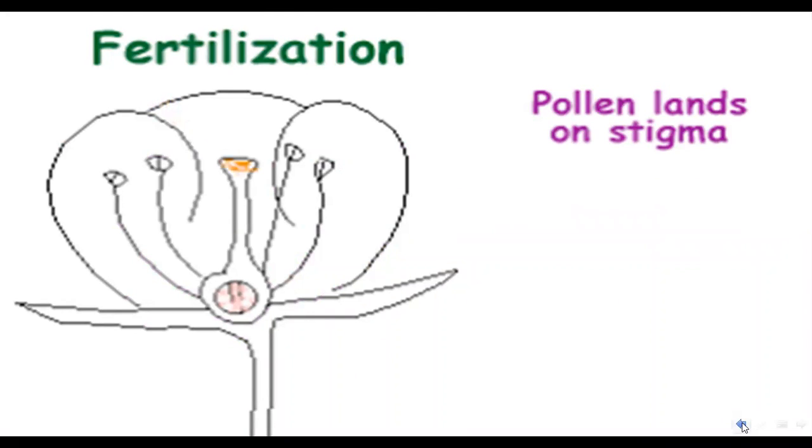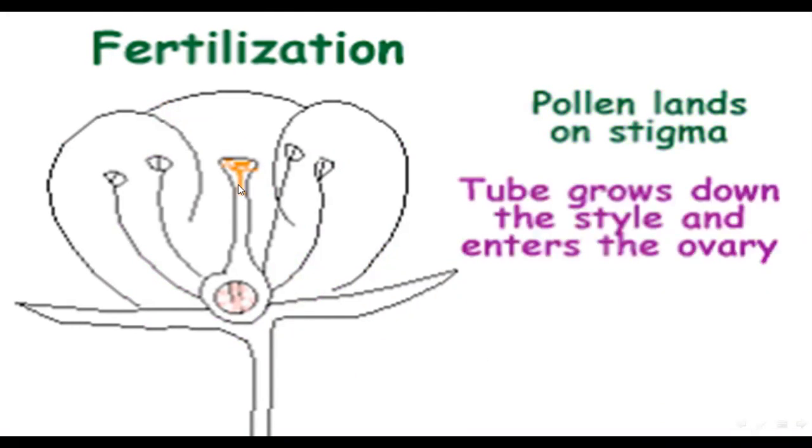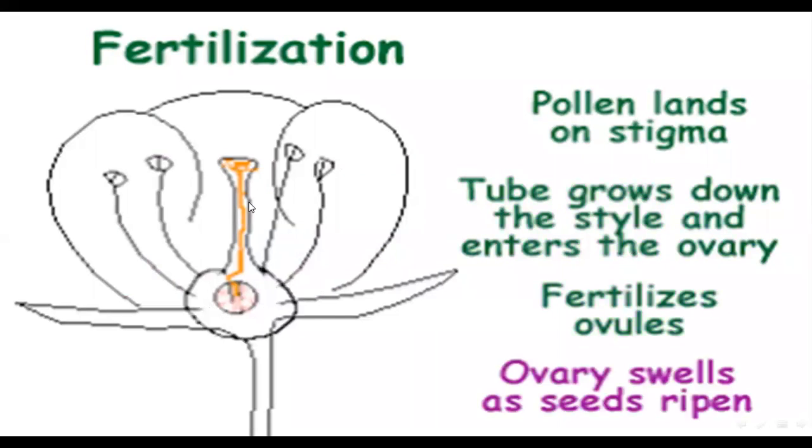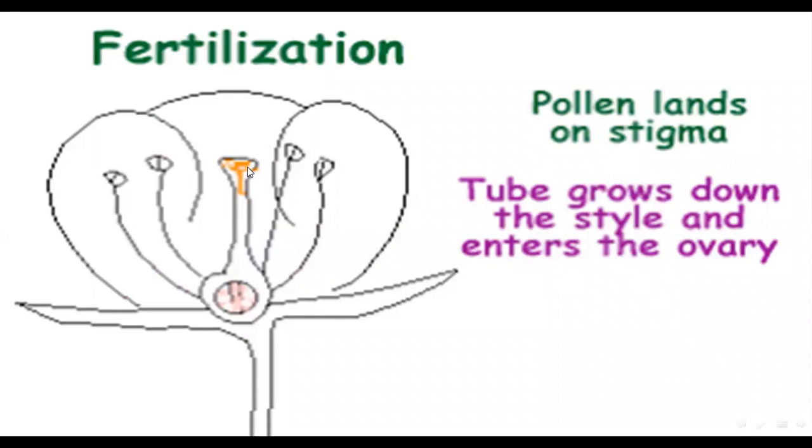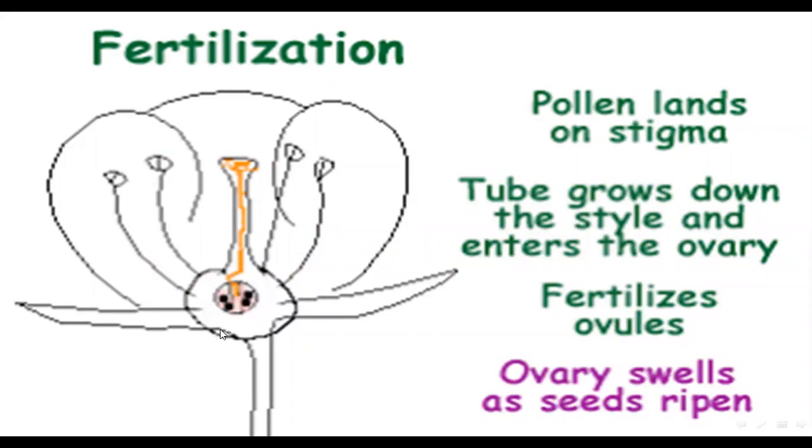Here you see pollen lands on the stigma, the tube grows down the style and enters the ovary. It fertilizes the ovule, and the ovary swells as seeds ripen. Again, pollen lands on the stigma, the tube grows down the style and enters the ovary, fertilizes the ovule, and the ovary swells as seeds ripen.